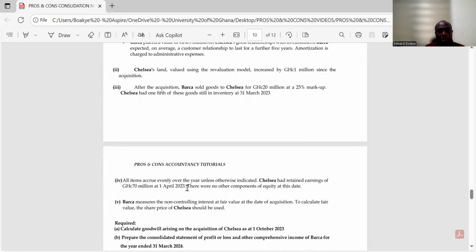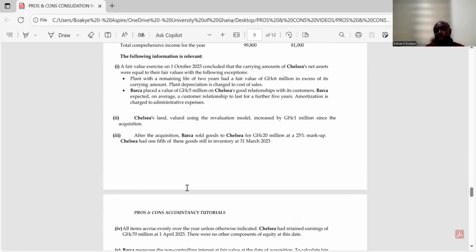If you go on, you will see that there's nothing that Chelsea will add to the account again, because I remember during the introduction to the mechanics, I said the only account where you have the subsidiary is the net asset schedule. So whatever losses and profits and whatever additional depreciation because of the selling that they sold, if it is the subsidiary, then it will go to the net asset schedule.